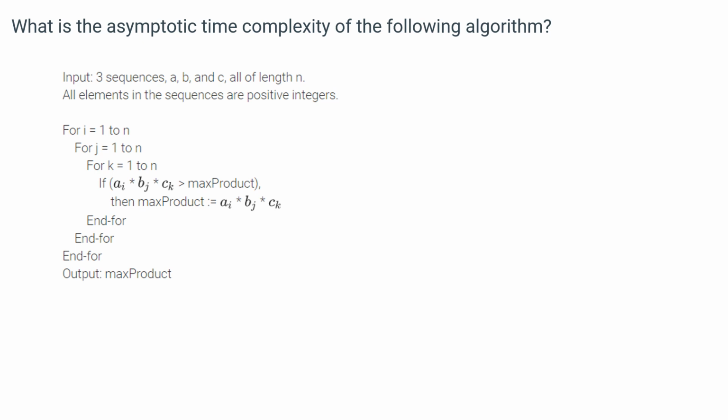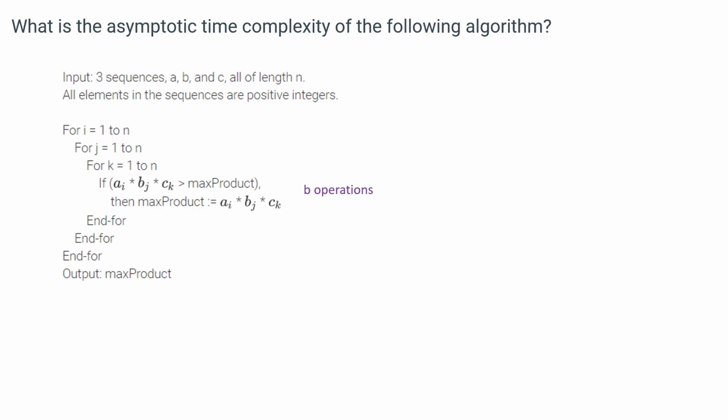Here's one more. In this case, we've got a loop within a loop within a loop. So let's see if we can figure this out. Again, we're going to have three sequences, one called A's, and then the B's and the C's, but they're all of length n. If you take a look, let's start in the middle and move out, because let's look inside that inner loop, the K loop.